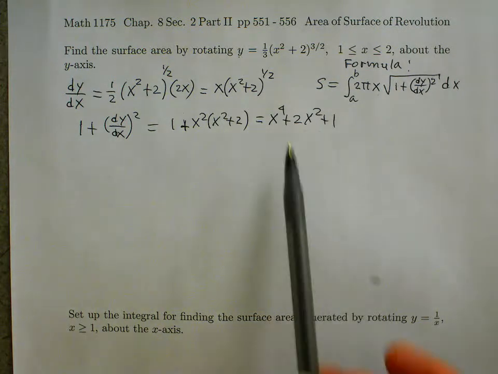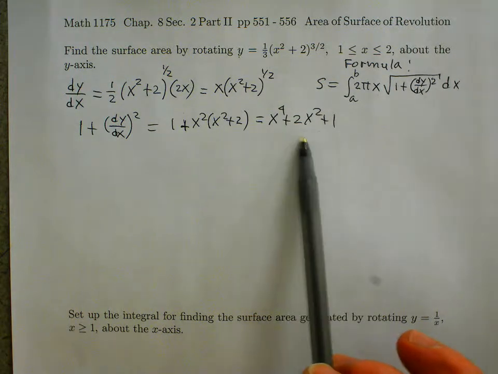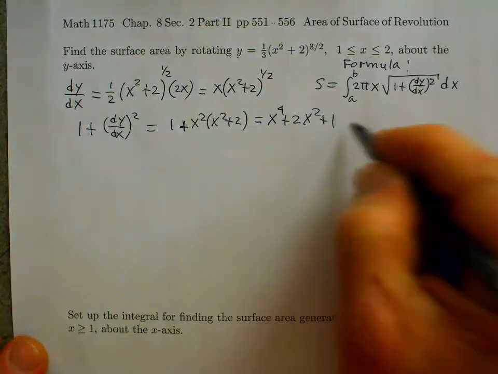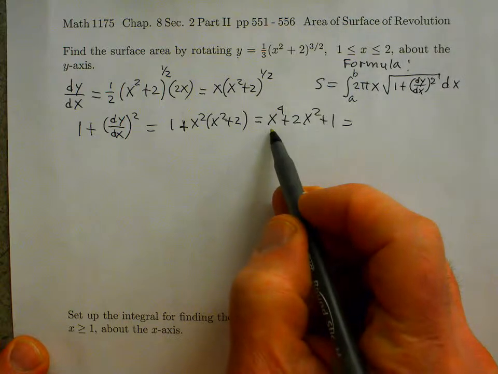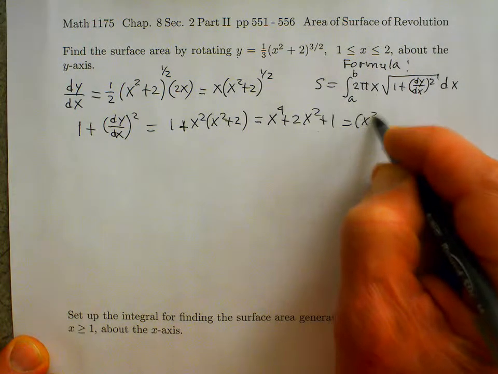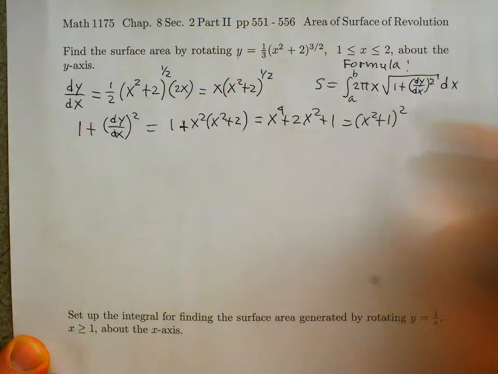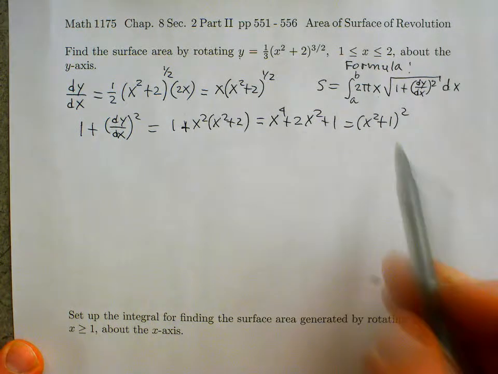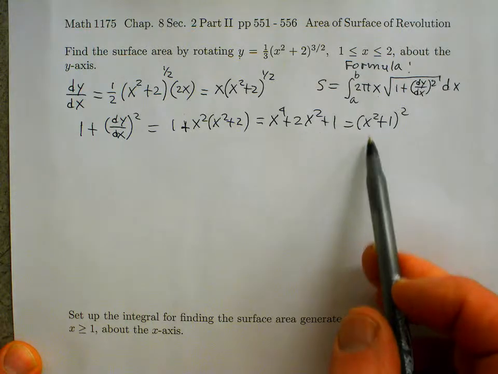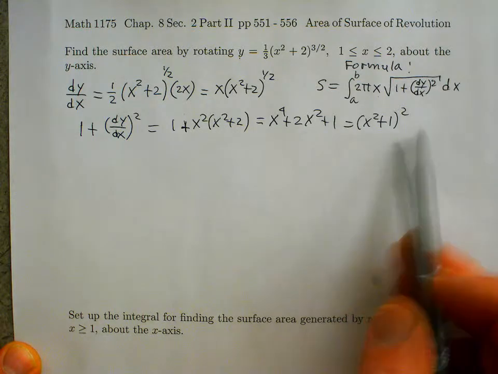Do you recognize x to the fourth plus 2x squared plus 1? Yeah, it's a perfect square. So we can think of x to the fourth plus 2x squared plus 1 as the quantity x squared plus 1, squared. This is going to work out pretty nicely since in a minute we're going to be taking the square root of the quantity x squared plus 1 squared.